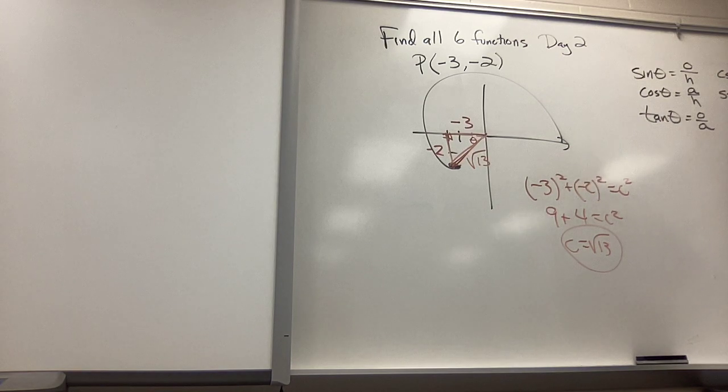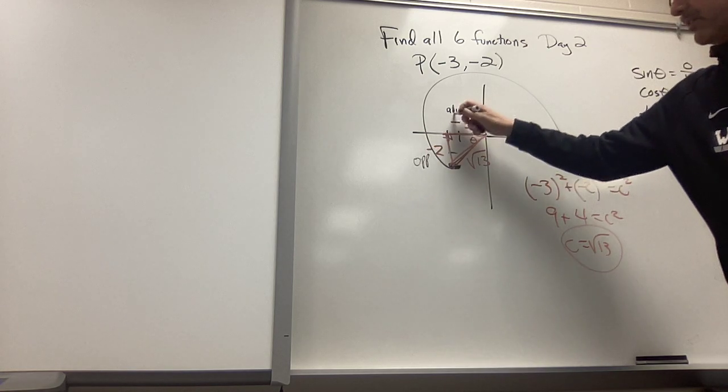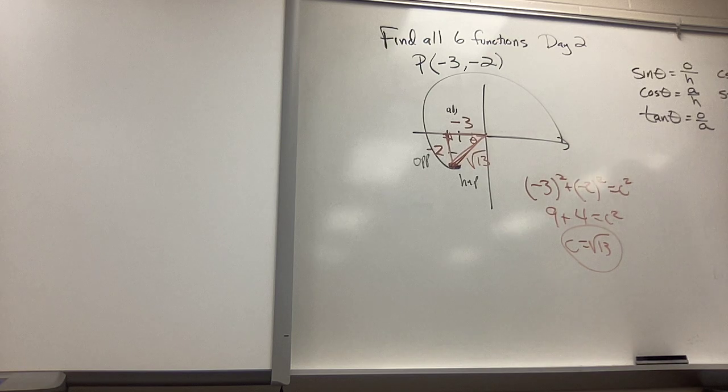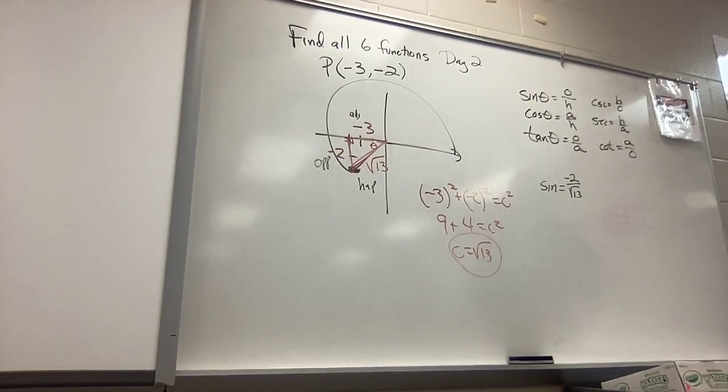Okay, here we go. The sine is opposite, adjacent, hypotenuse. Opposite, adjacent, hypotenuse. All right, so our sine is opposite over our hypotenuse. Something is going to happen in a minute to that.